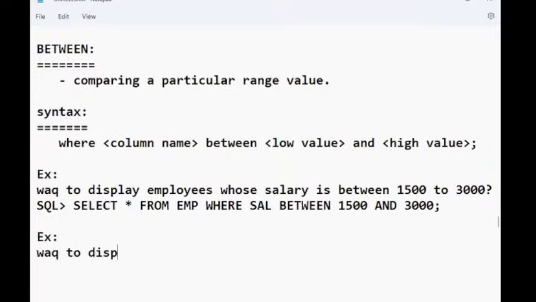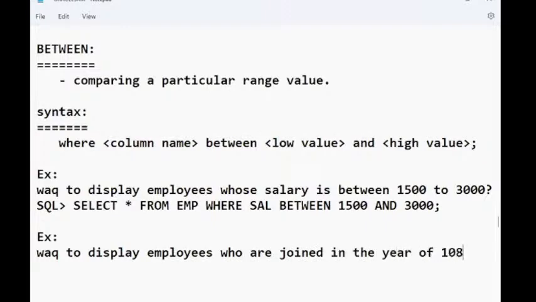Write a query to display employees who joined in the year 1981.